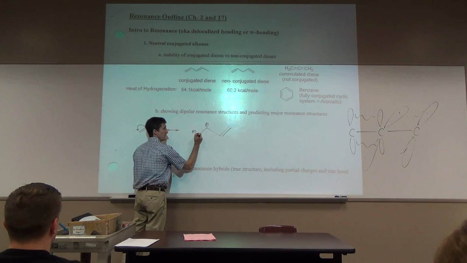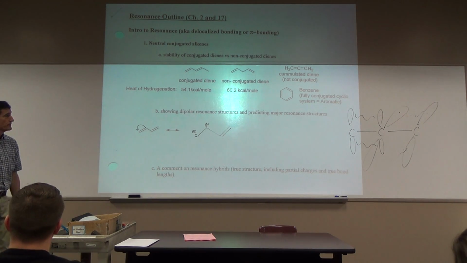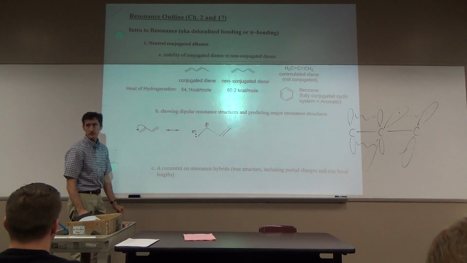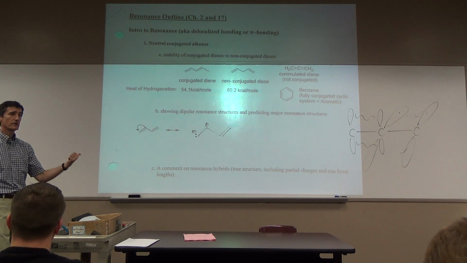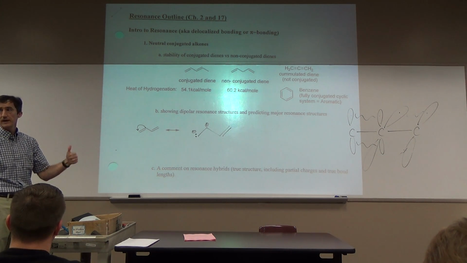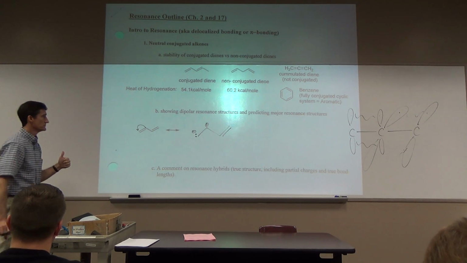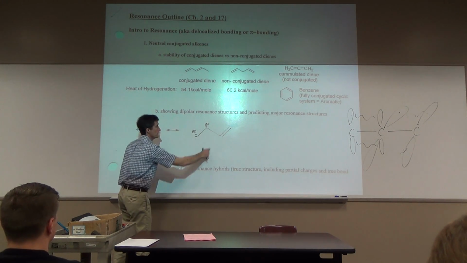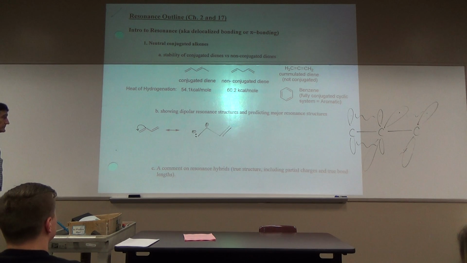That is, I could move the electrons back in here and remake the pi bond and come back here. This is a resonance structure. Because what's the definition of resonance structure? Just an alternative placement of pi electrons. You do not move any atoms. Are any atoms moving going from here to here? No. The only thing moved is pi electrons. That's resonance.